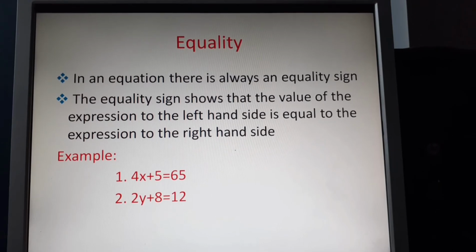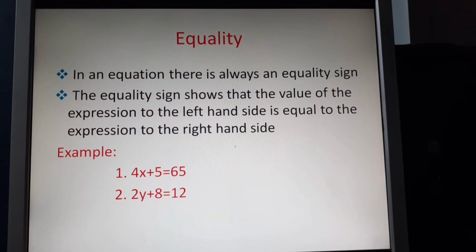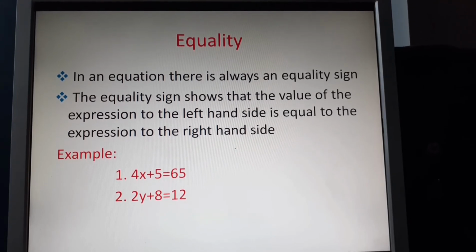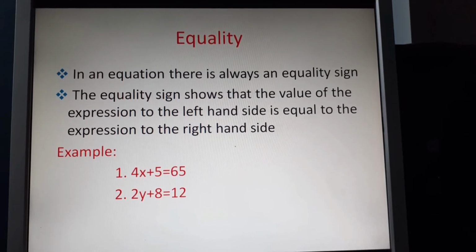If we put y equal to 2 in left hand side, 2y plus 8, we get 2 2s are 4. 4 plus 8 is equal to 12. Here left hand side we get 12 and right hand side already 12 is given. If left hand side is equal to right hand side, that is the example for equality.